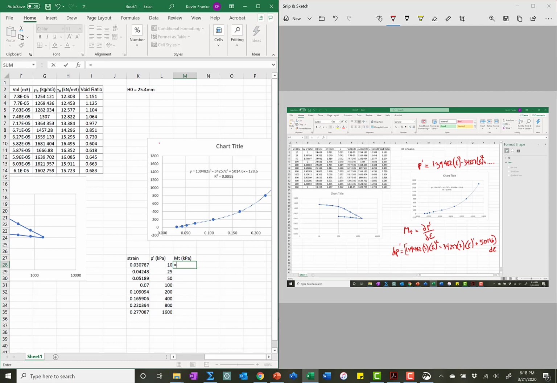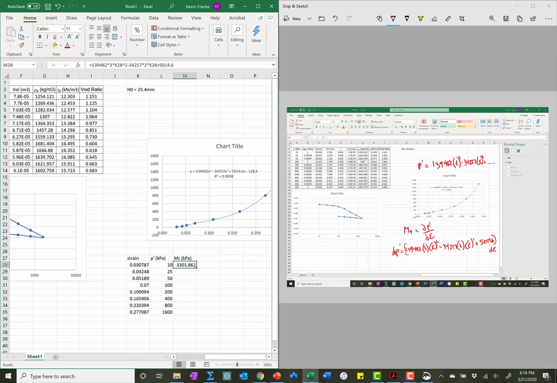So that's going to equal this function that I just came up with, 139,482 times 3 times strain cubed, or squared, excuse me, minus 34257 times 2 times strain to the 1 power plus 5014.6.